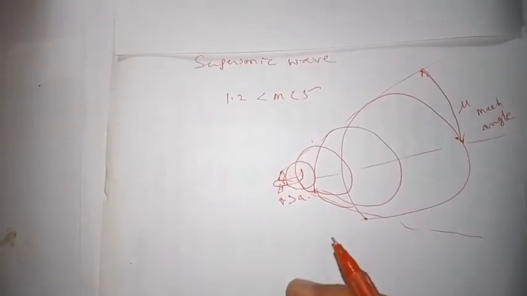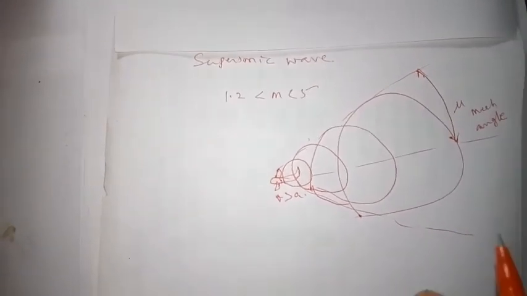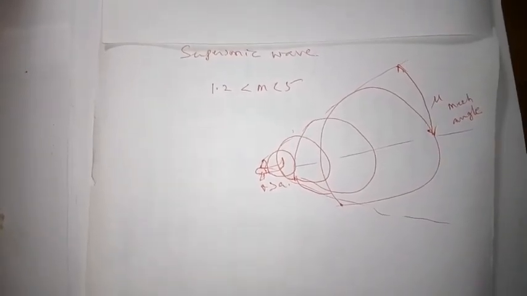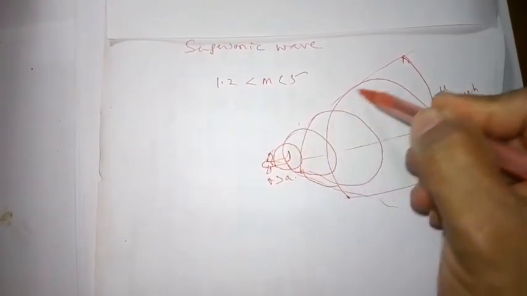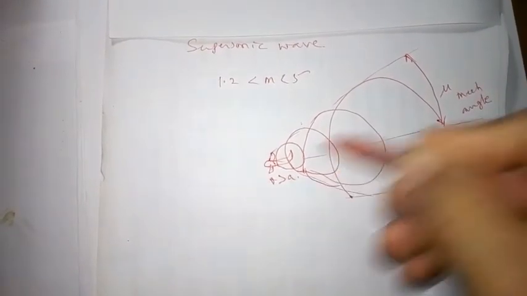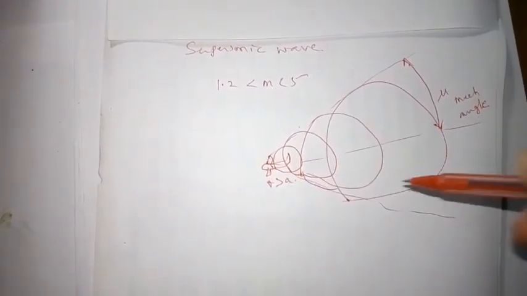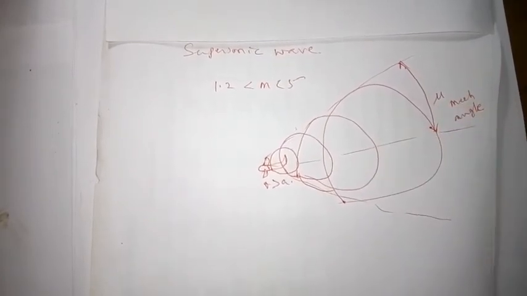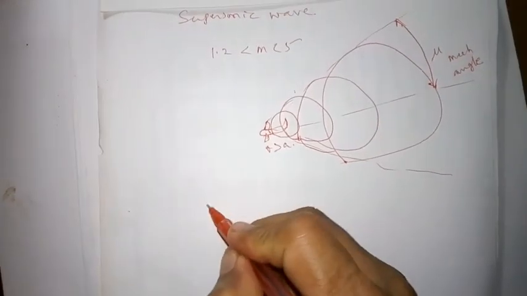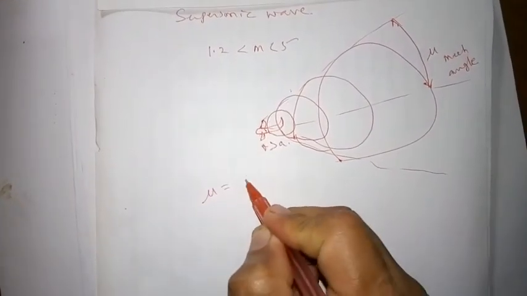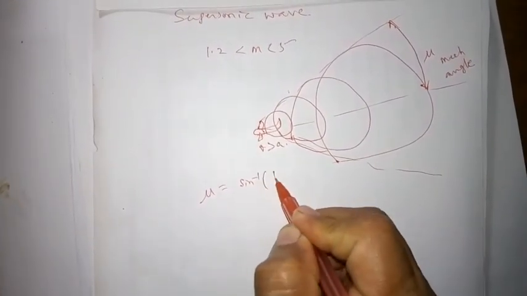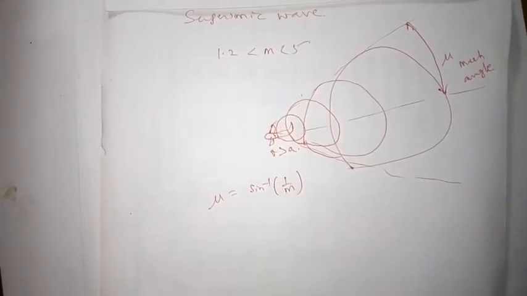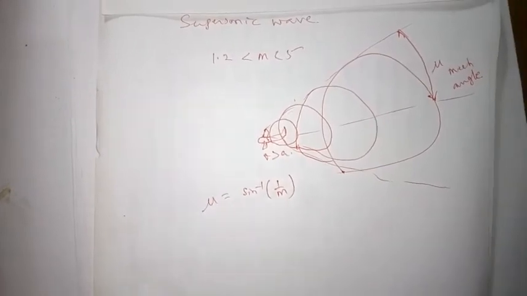You can see the object first, and the sound comes later. The common tangent drawn to the expanding waves makes a cone, known as the Mach cone, and the angle is known as the Mach angle. Of course, the Mach angle is given by mu equals sine inverse of 1 by M. So if you know the velocity, you can find it out.